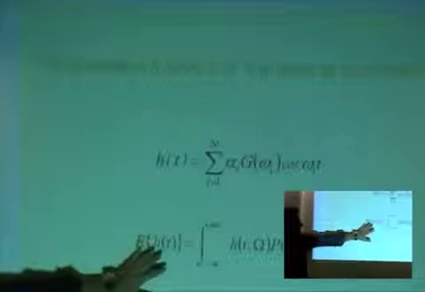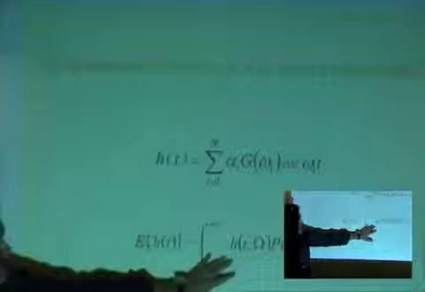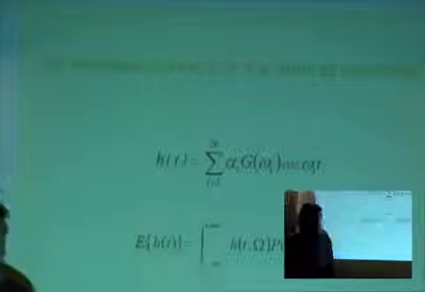Okay. So this is an interpretation of the integral. This is just the arithmetic average of some random quantities, the natural frequency of the system, and then you can get the ensemble average of the impulse response of them.